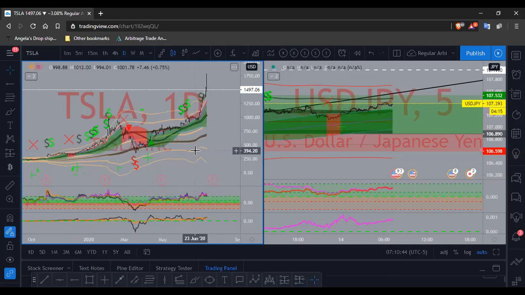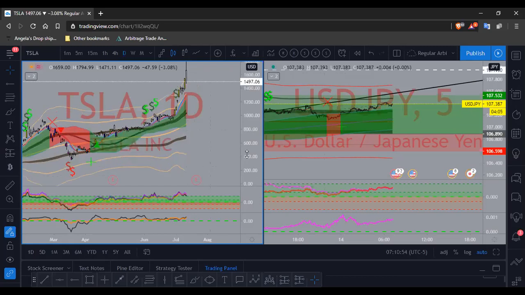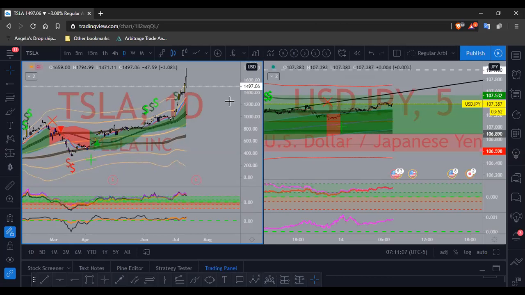Yeah, it's probably going to come down just the way it went up. It's probably going to end up starting to come down eventually, but man, that is wild. And I'm pretty sure Elon Musk, if I'm not mistaken, has surpassed Warren Buffett. Don't quote me on that, but I think I read some reports that he surpassed Warren Buffett.